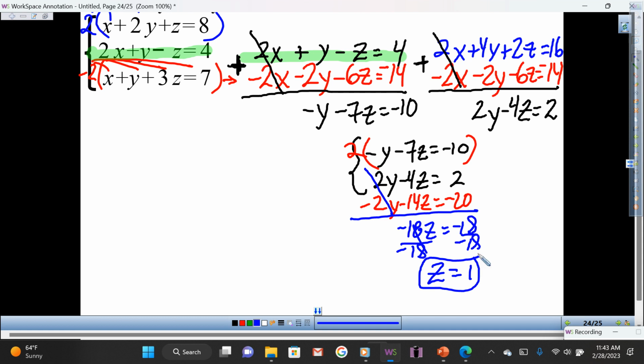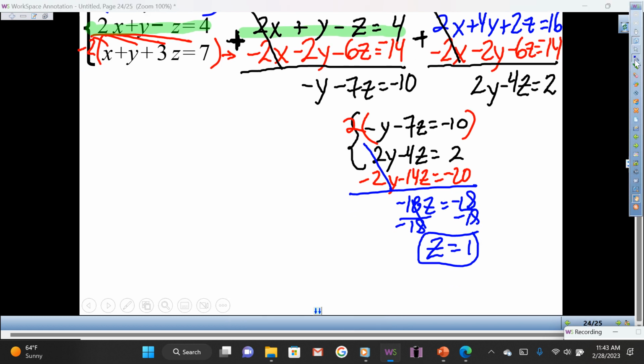Continue, Isabella. Substitute into which one? The black one or the red one? The red one. Okay, so let's rewrite that. Negative 2y minus 14 equals negative 20.